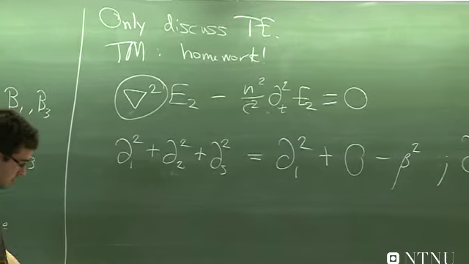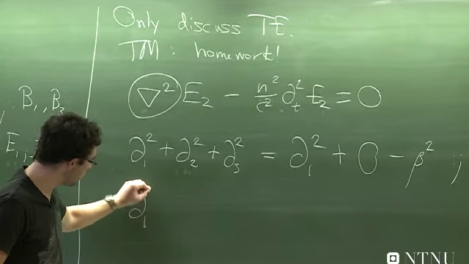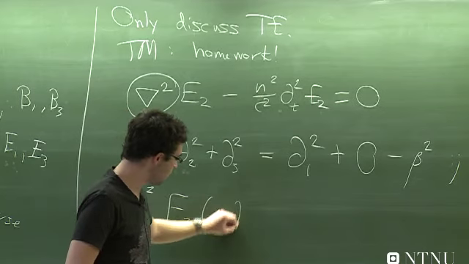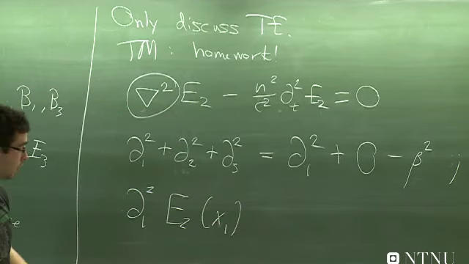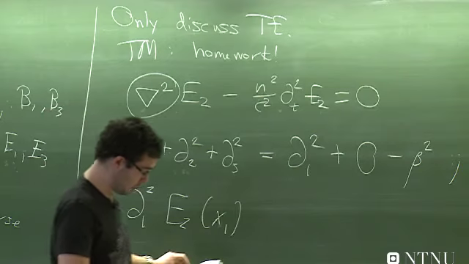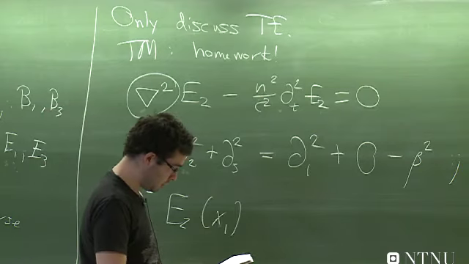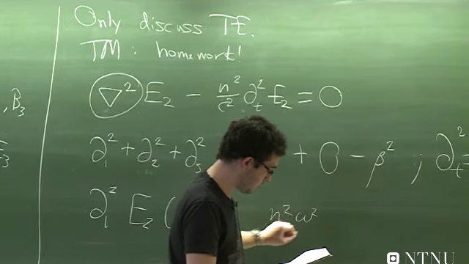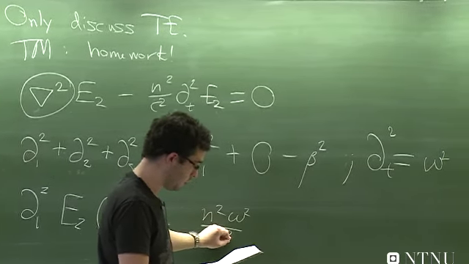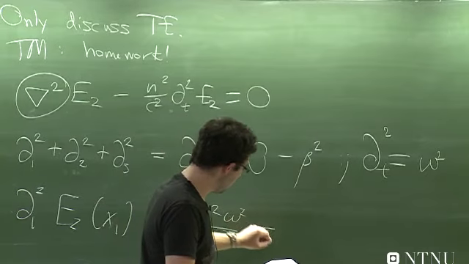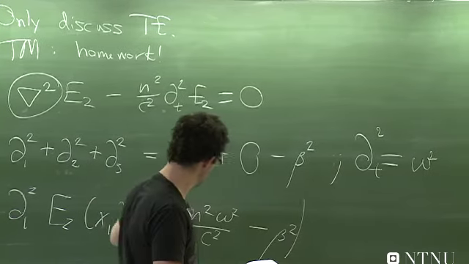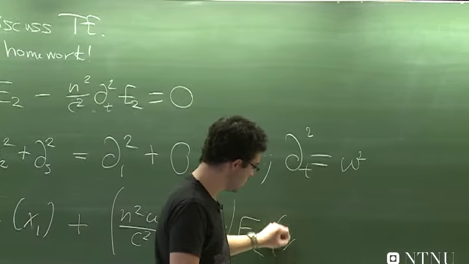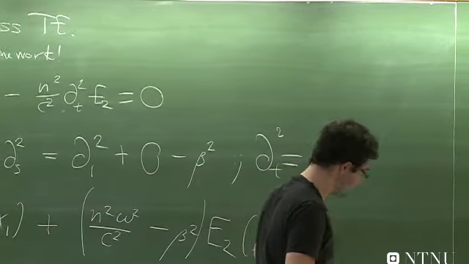And that gives us the equation that d1 square E2 of x1. And here we see why we only have x1 dependence. Let's see, and then plus n square omega square over c square minus beta square E2 of x1 is equal to 0.